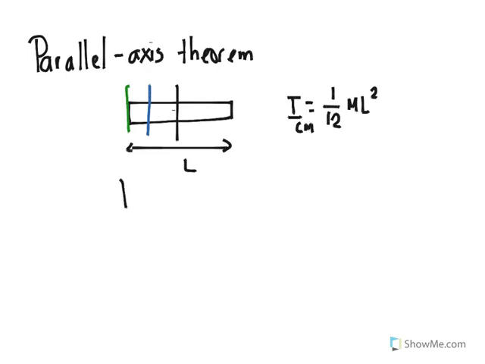This parallel axis theorem states that the moment of inertia equals the moment of inertia at the center of mass plus the mass of the rod times the distance squared, which has changed.